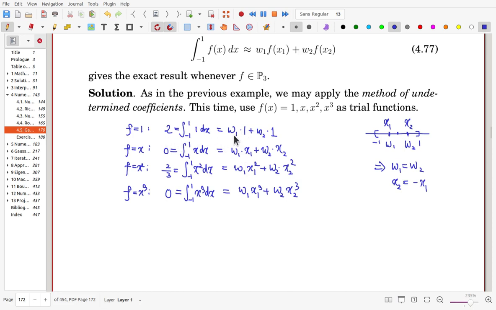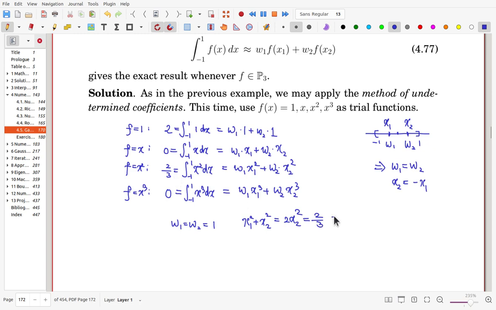Here w1 plus w2 is 2. That means w1 and w2 are each 1. And once we decide w1 and w2, then of course x2 must be minus x1. Now, from the third equation, x1 squared plus x2 squared is 2 times x2 squared, which equals 2 over 3.